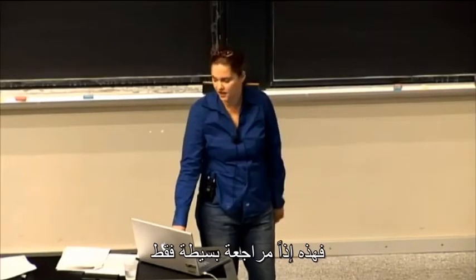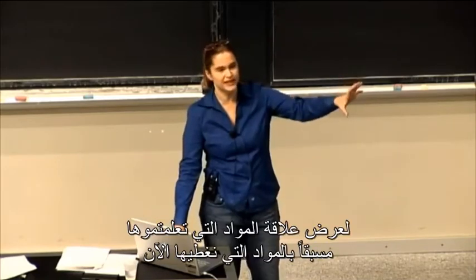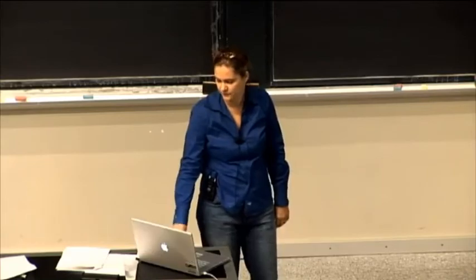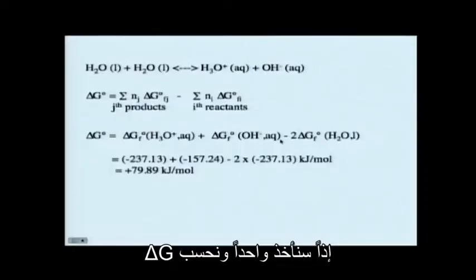So this is just a little review showing the relevance of material you've learned before to the material we're covering now. So we're going to pick one and just calculate the delta G.